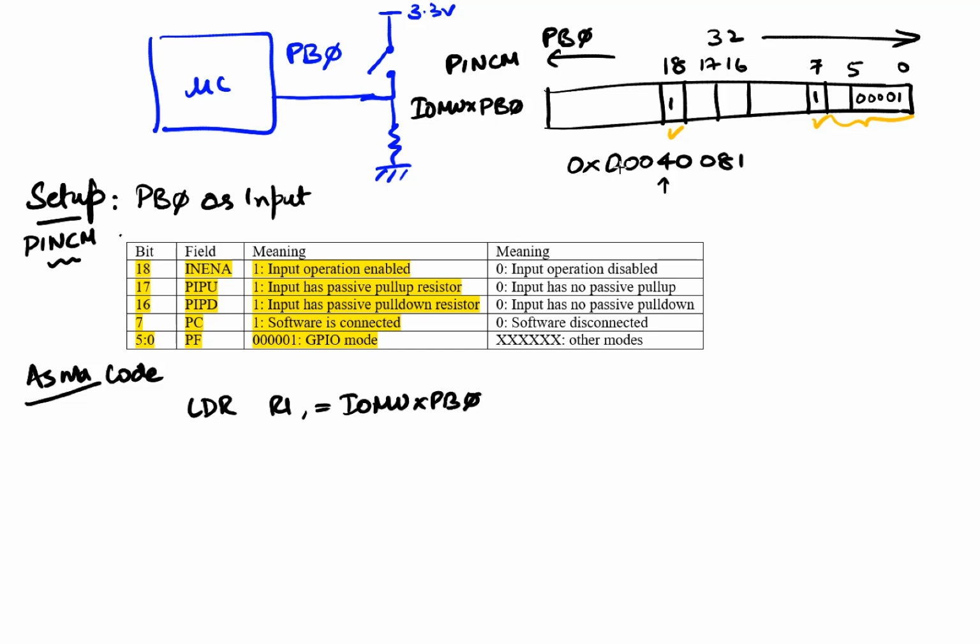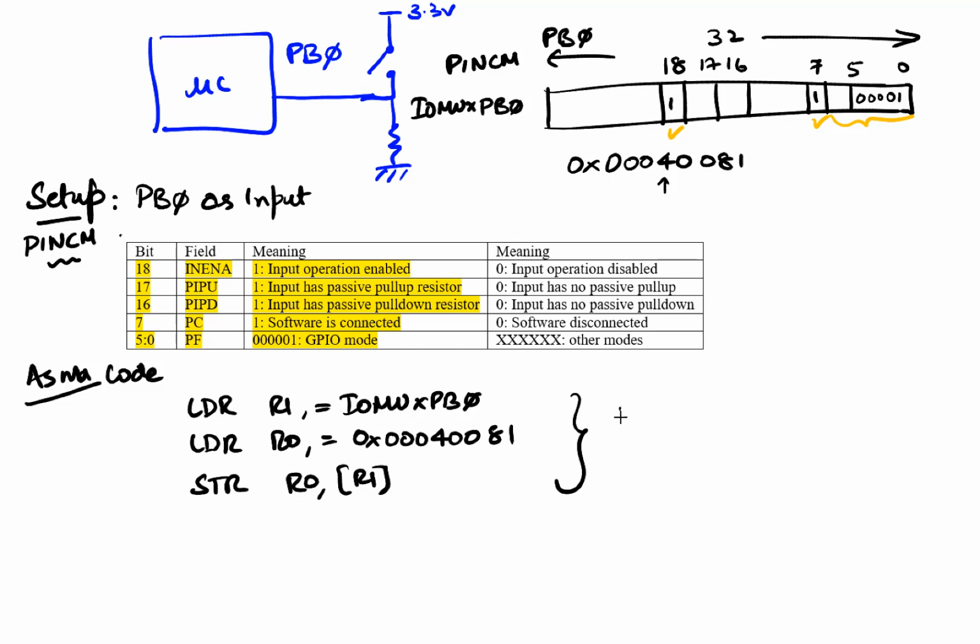And we're going to get this constant, 0x00040081, with LDR into another register, R0. And then we're going to store this value R0 into that memory location R1. So R1 has this address, and we are done. This 3-step process is all we need to update our pin control management register. Yeah, that was easy.